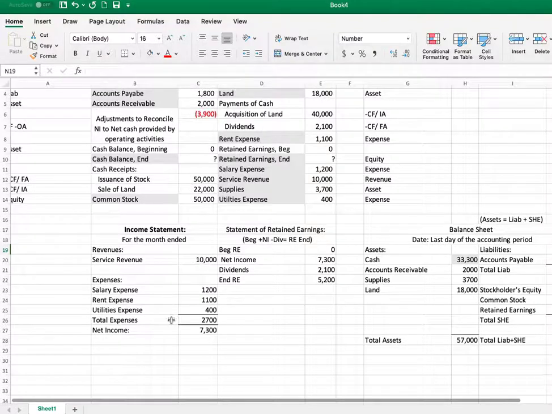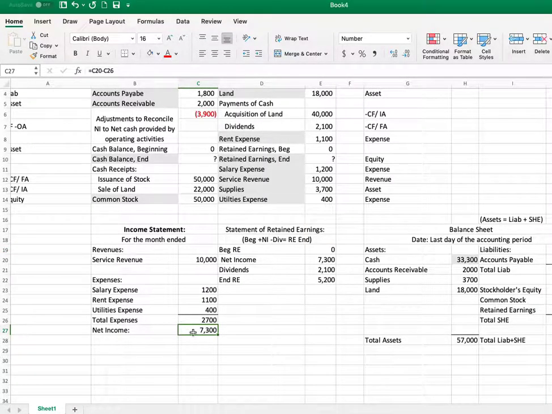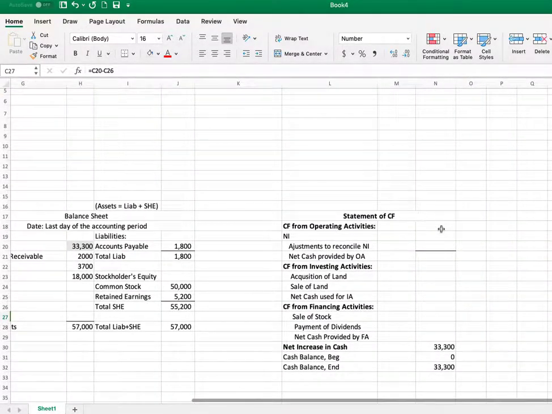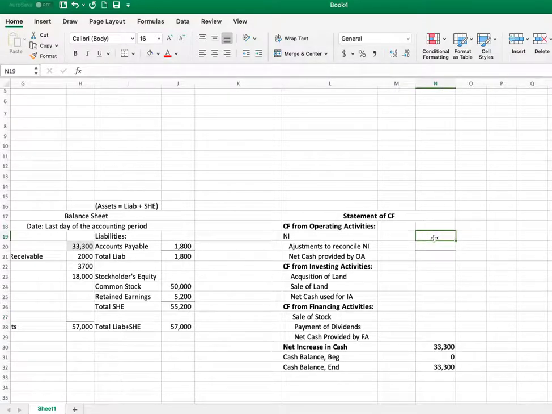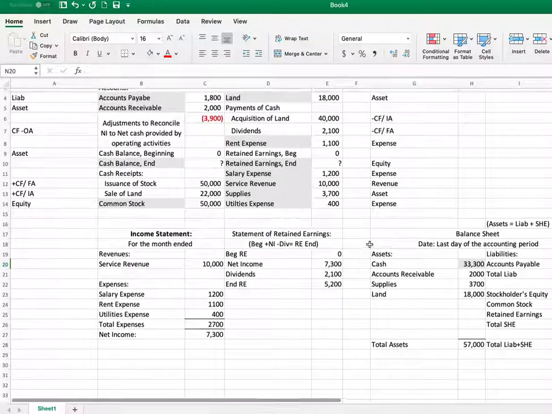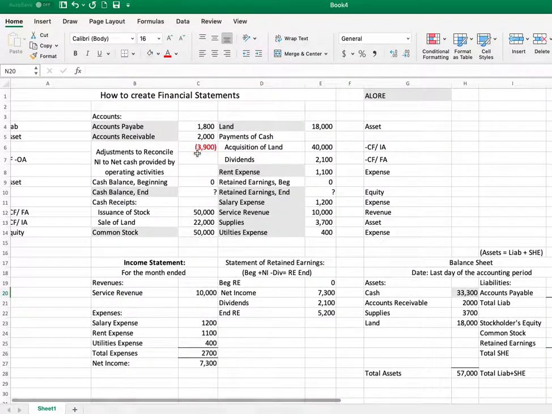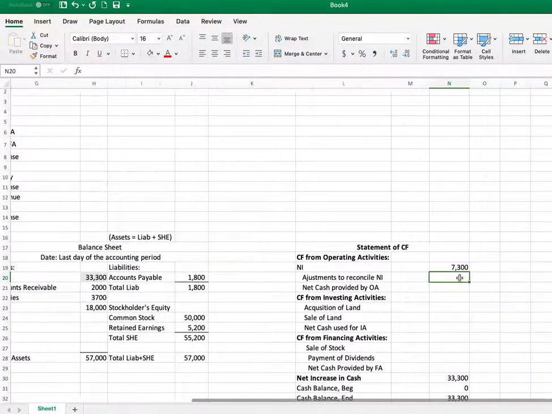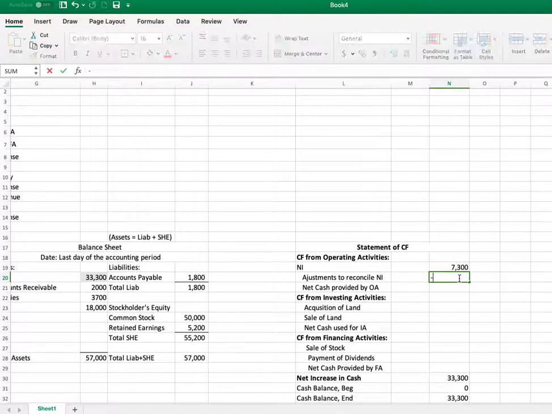So the first thing we'll do is we'll start off with net income. Well, when we created the income statement, we figured out that net income was $7,300. So $7,300 is here. Adjustments to reconcile net income, that was given to us in the problem information. The adjustments are negative $3,900.